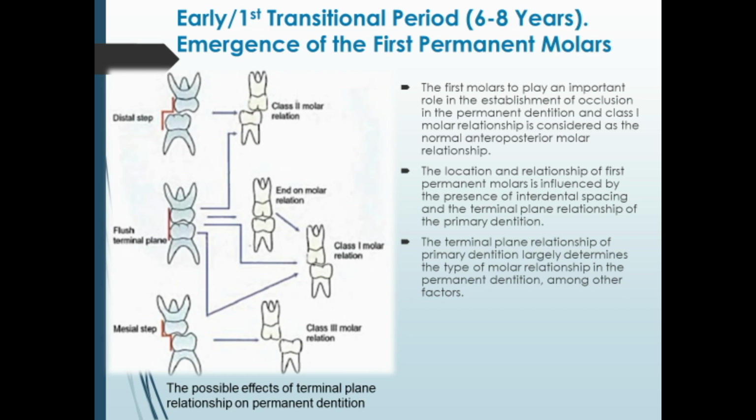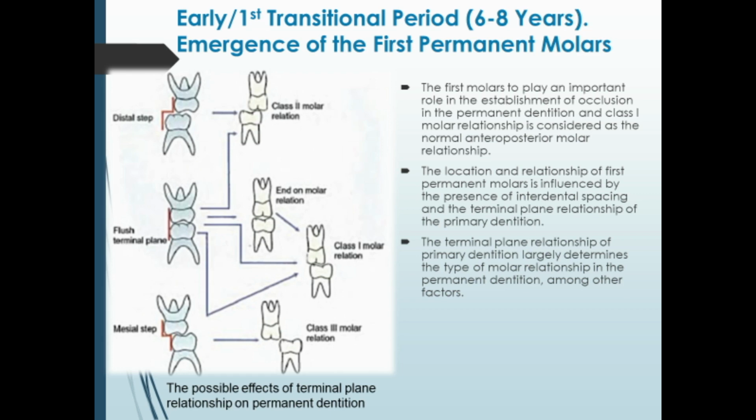The erupting first permanent molars are guided by the distal surfaces of the second primary molars as they erupt into occlusion. Thus, the terminal plane relationship of primary dentition largely determines the type of molar relationship in the permanent dentition.